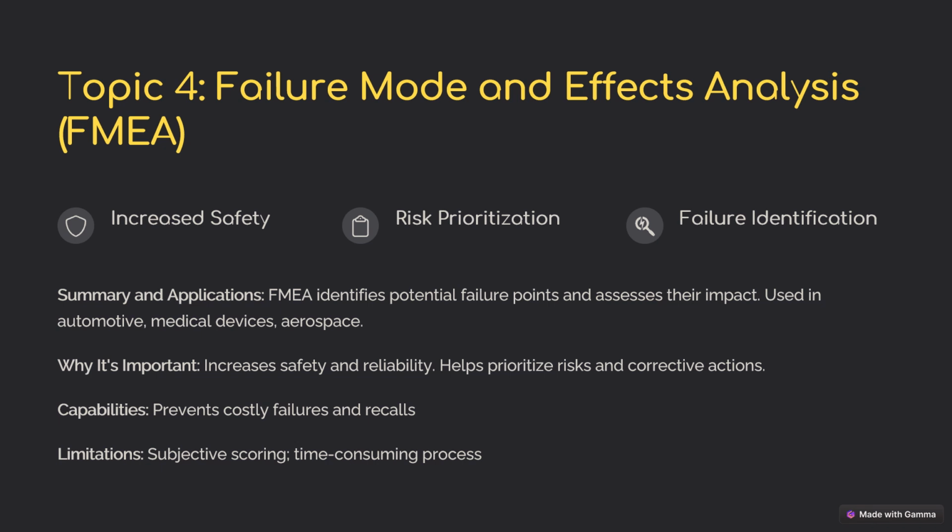That said, it does have limitations. The process can be time-consuming, and the results depend on subjective scoring. It requires input from a cross-functional team to truly be effective. But overall, FMEA is a key part of good engineering practice.